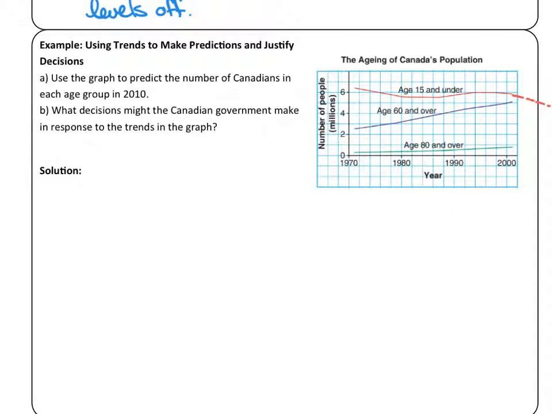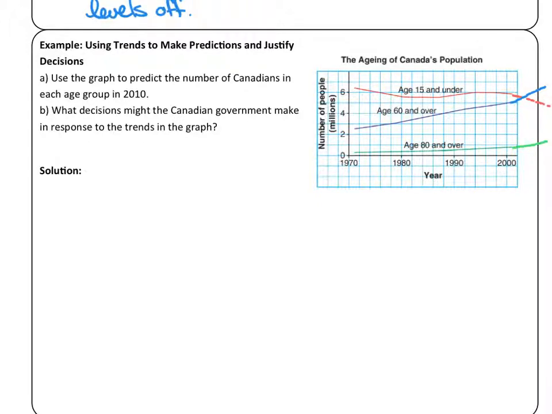That blue one, I'm going to extend it up, and that green one, it's going up but not as much. So what we can say about this graph is that the age 15 and under is going to go down a bit, but the age 60 and over is going to go up.